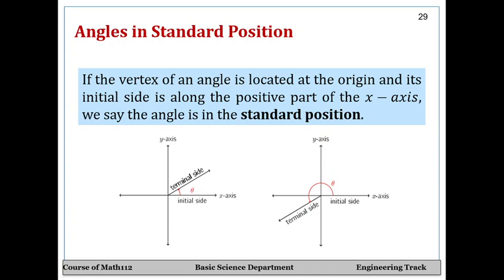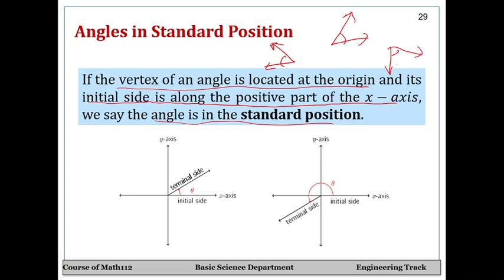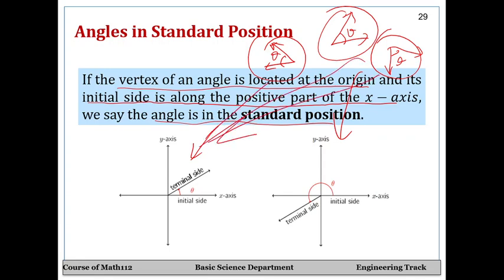Now, if the vertex of an angle is located at the origin and its initial side is along the positive x-axis, we say the angle is in standard position. Well, we have seen angles like that. This is an angle, and this is an angle. Now we want to put these angles into the Cartesian coordinate system.